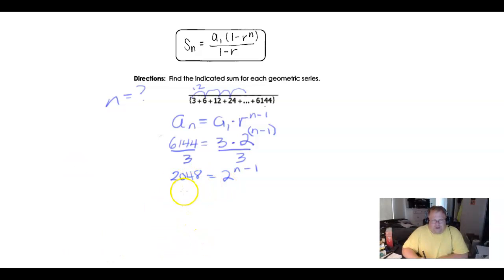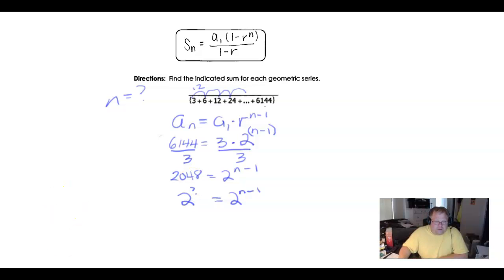This one's kind of a tough one, but we're going to tackle it by thinking about making these equations equivalent, and figuring out 2 to what power gives you 2,048.